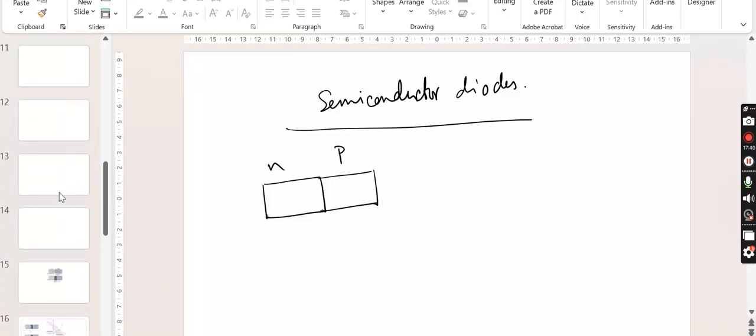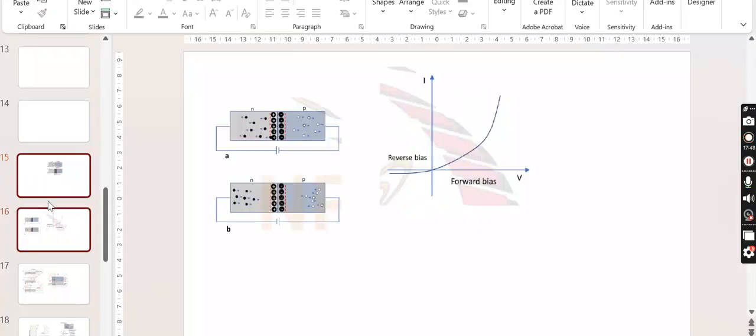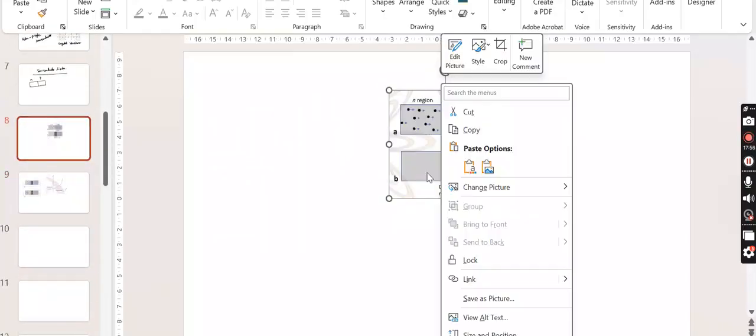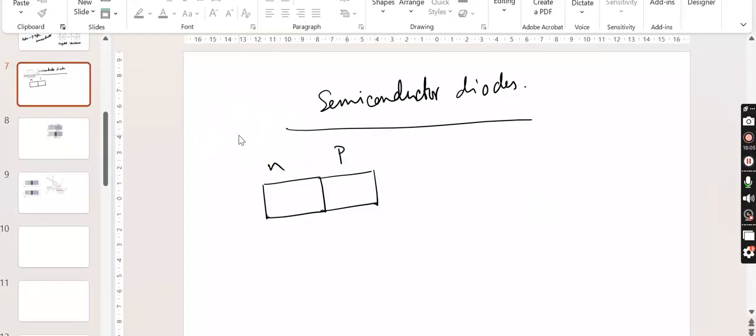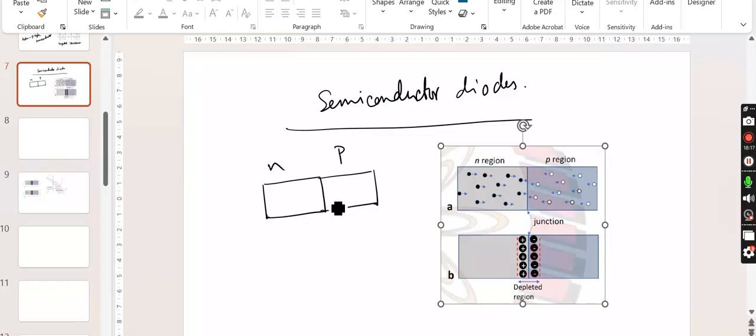So when we work with a PN diode, some of the free electrons from the N region want to go to the P region, because the P region is depleted of electrons, and some of the holes of the P region want to diffuse through to the N region, because the N region has very few holes.